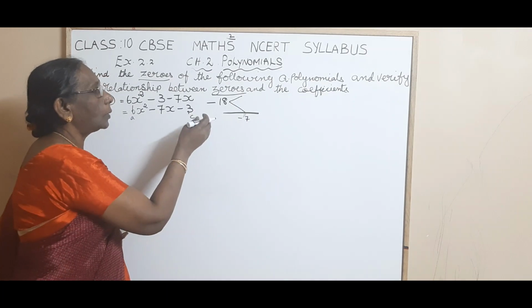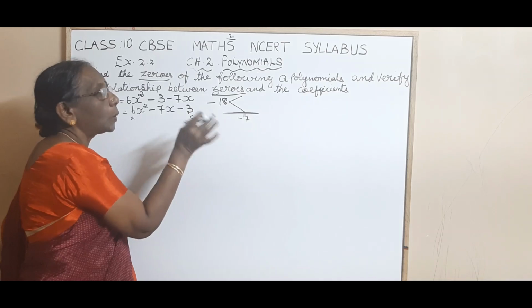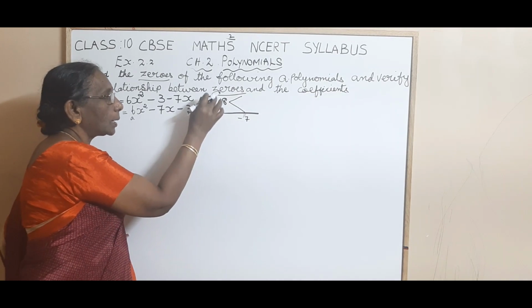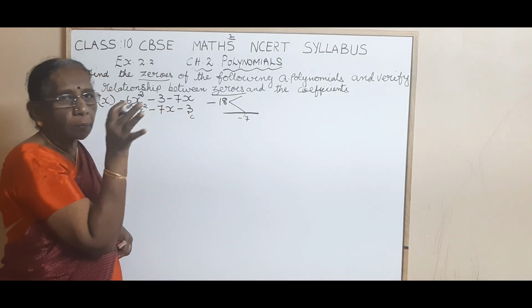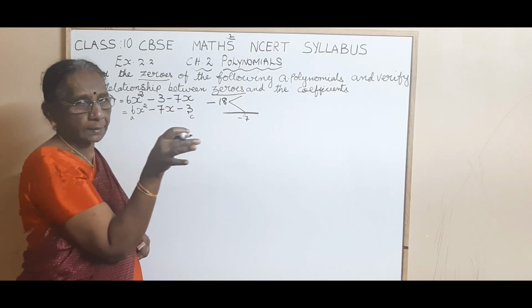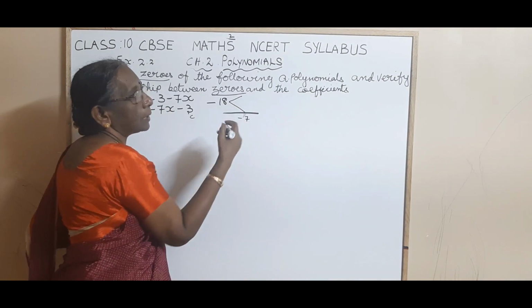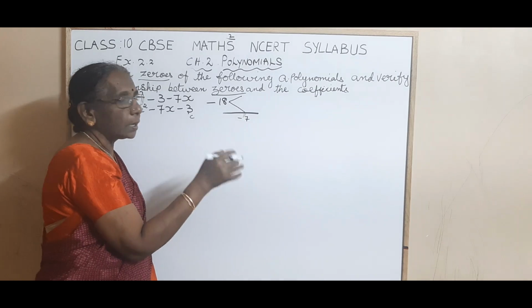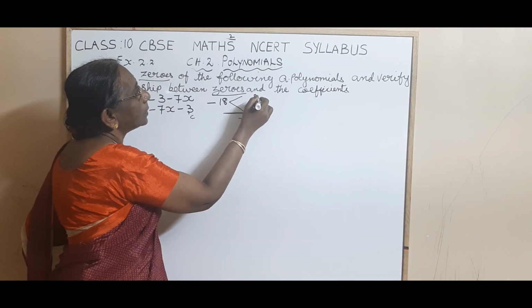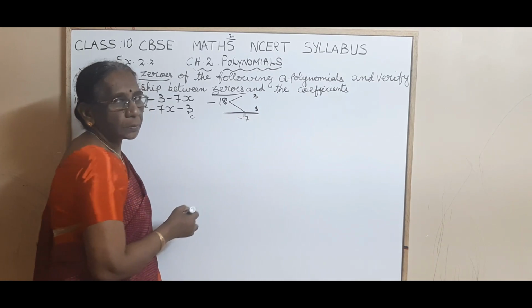When the product is negative, the two parts should have different signs. Whenever you are selecting two numbers, one number should be a big number and the other a small number.